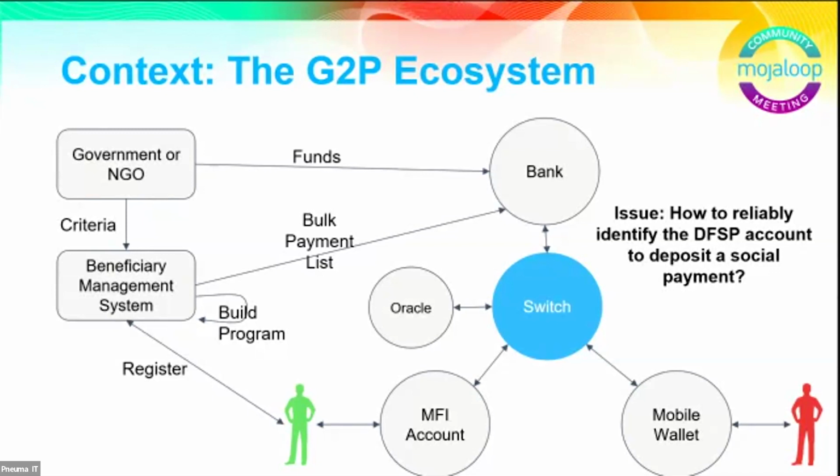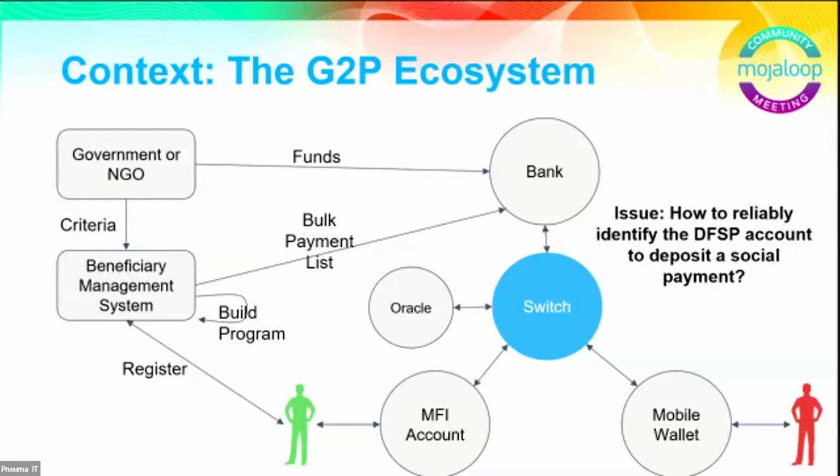And the switch, Mojaloop, will hit the Oracle to see where those payments should go, whether it's our green person who has an account at an MFI or a red person who has an account with a mobile wallet. The issue is how to reliably identify the DFSP account in which to deposit a social payment. And that relies on updates to the Oracle.